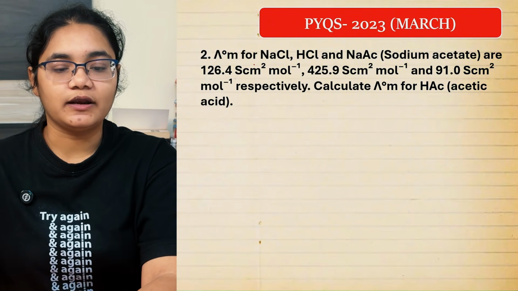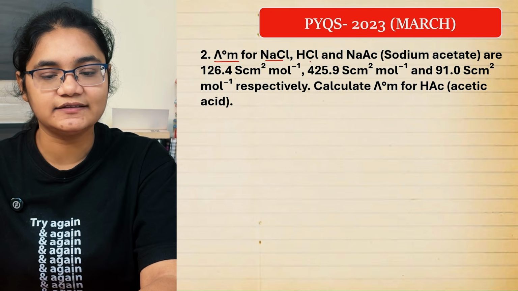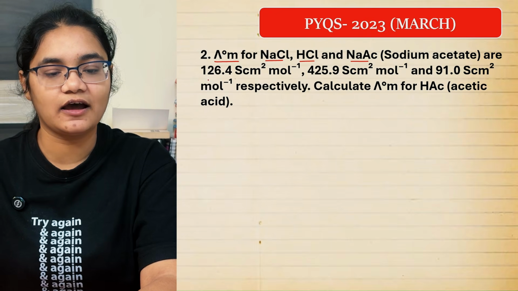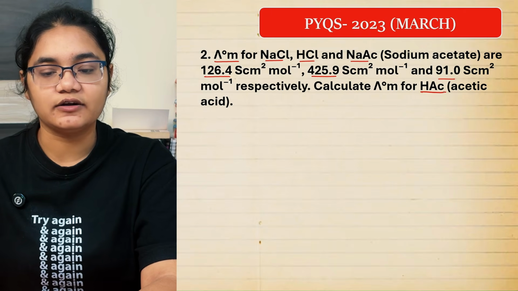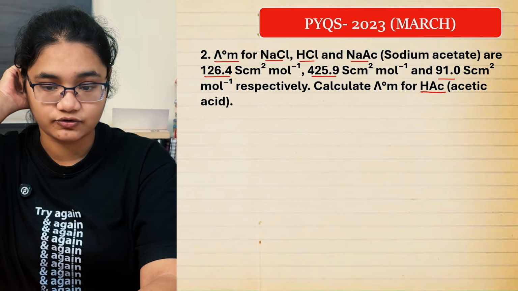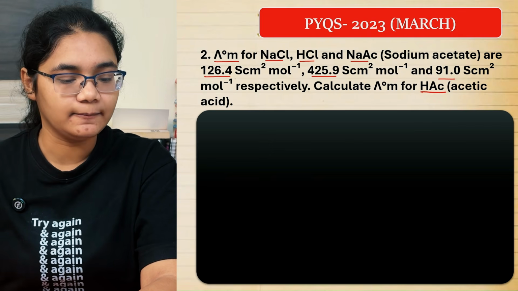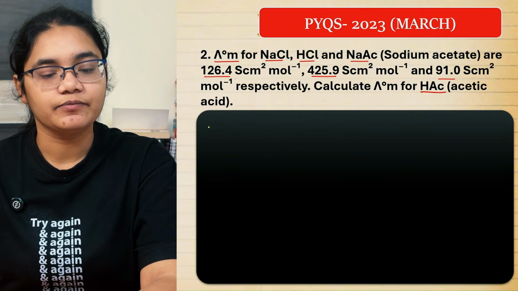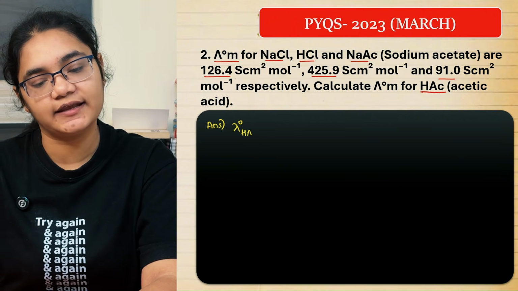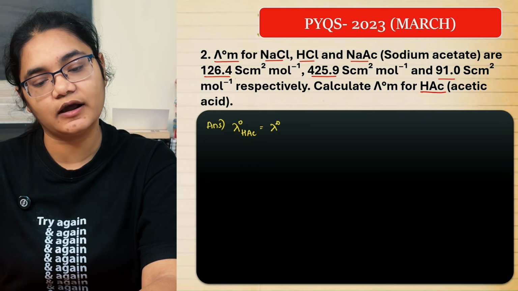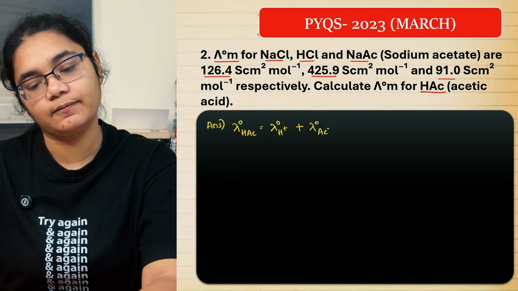Next is another numerical question on the basis of Kohlrausch law. The molar conductivities of NaCl, HCl and NaAc are given to us. These are certain values. Calculate the molar conductivity of HAc. To solve this question, you need to know that the molar conductivity of HAc is equal to the molar conductivity of H+ plus the molar conductivity of Ac minus.